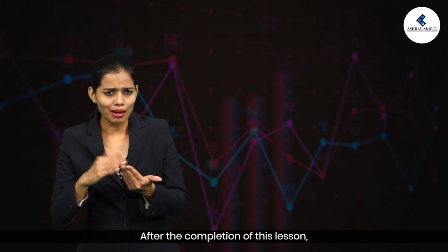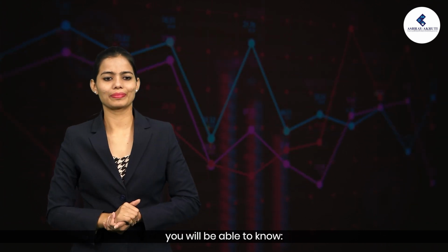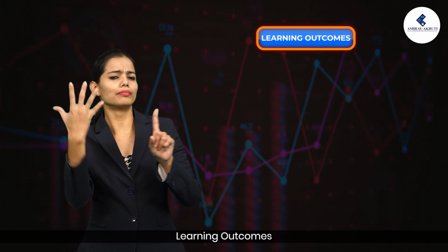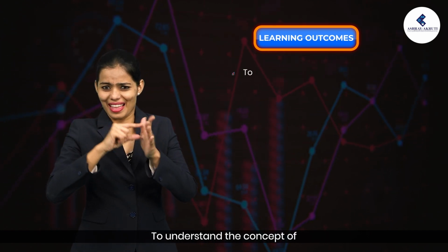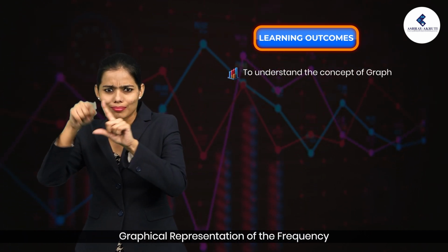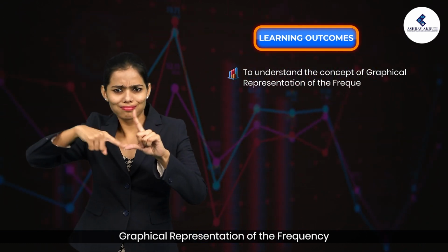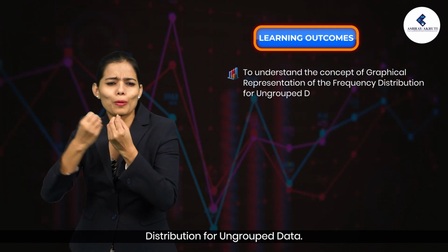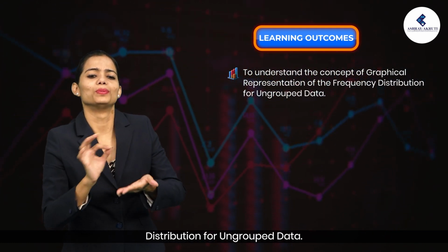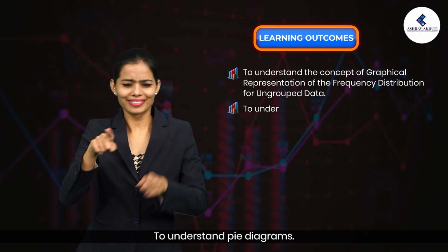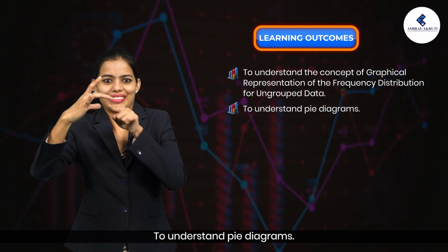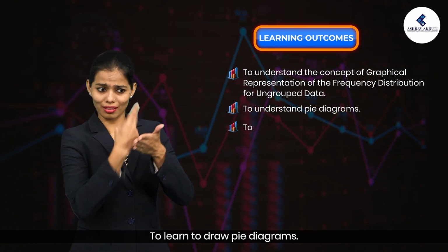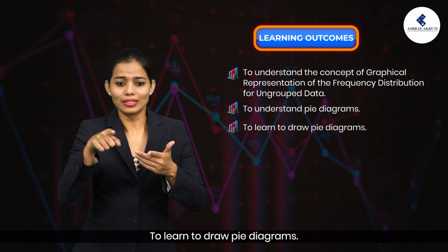After the completion of this lesson, you will be able to know the learning outcomes: to understand the concept of graphical representation of the frequency distribution for ungrouped data, to understand pie diagrams, and to learn to draw pie diagrams.